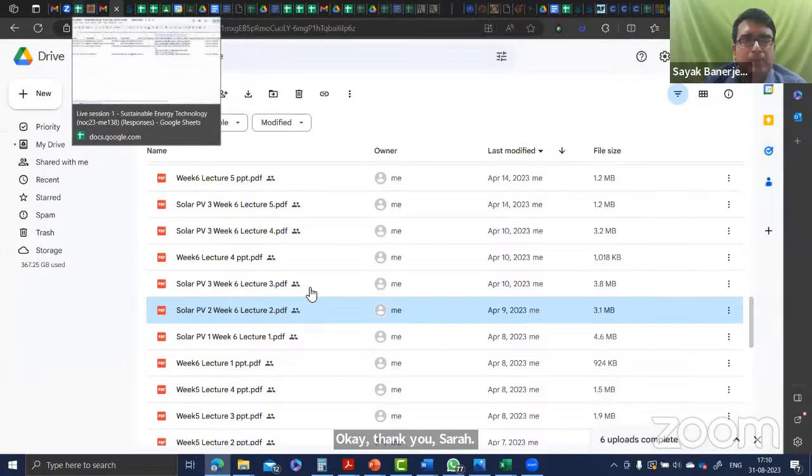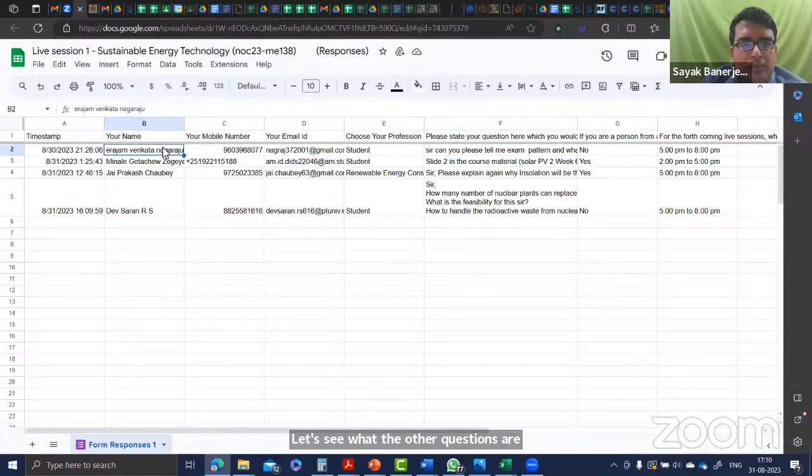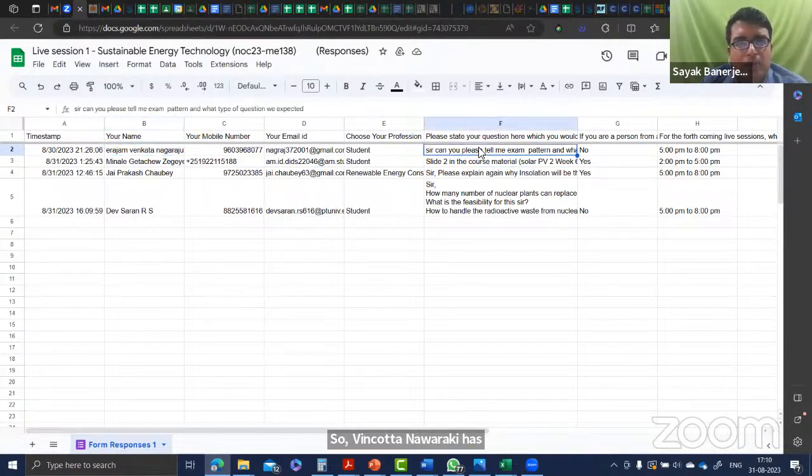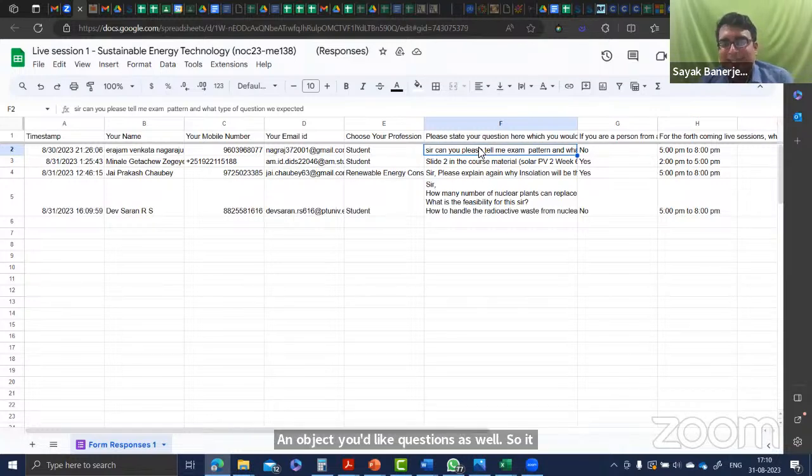Let's see what the other questions are. Venkata Nagaraju has asked about the exam pattern and what type of questions we are expected. The final exam will have short problem-type questions like the ones you are solving, and a few multiple choice and objective type questions as well. It will cover the entire syllabus rather than every week, and the pattern of the questions will be very similar.